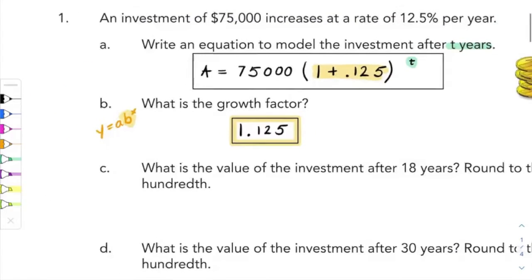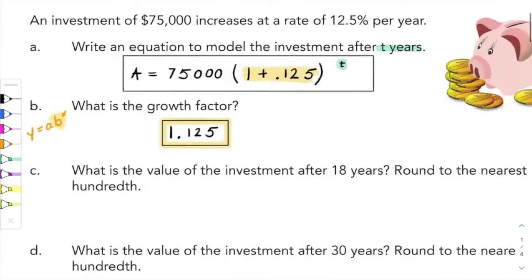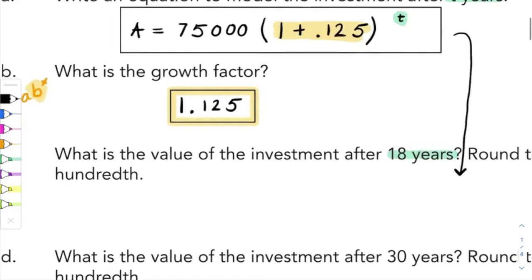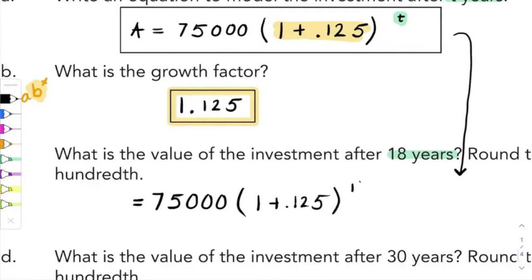Now, part C says, what is the value of the investment after 18 years? Round to the nearest hundredth. So we are going to take our function from part A. We're going to bring this down. Now we're going to be substituting in 18 years. So we have a specific value at this point. When I substitute in 18 years, we have 75,000 for our starting amount, times 1 plus 0.125 raised to the power of 18.